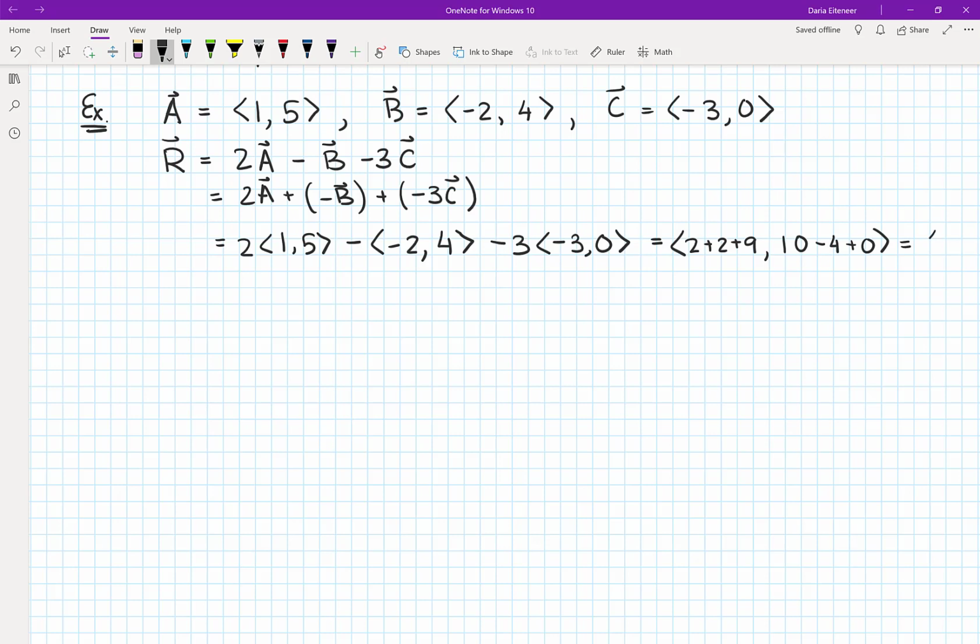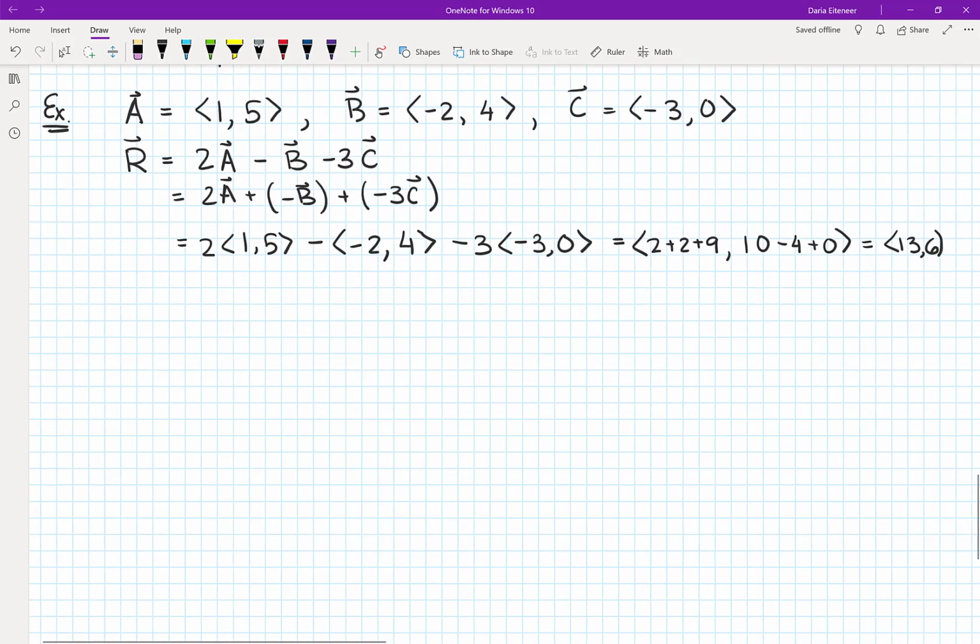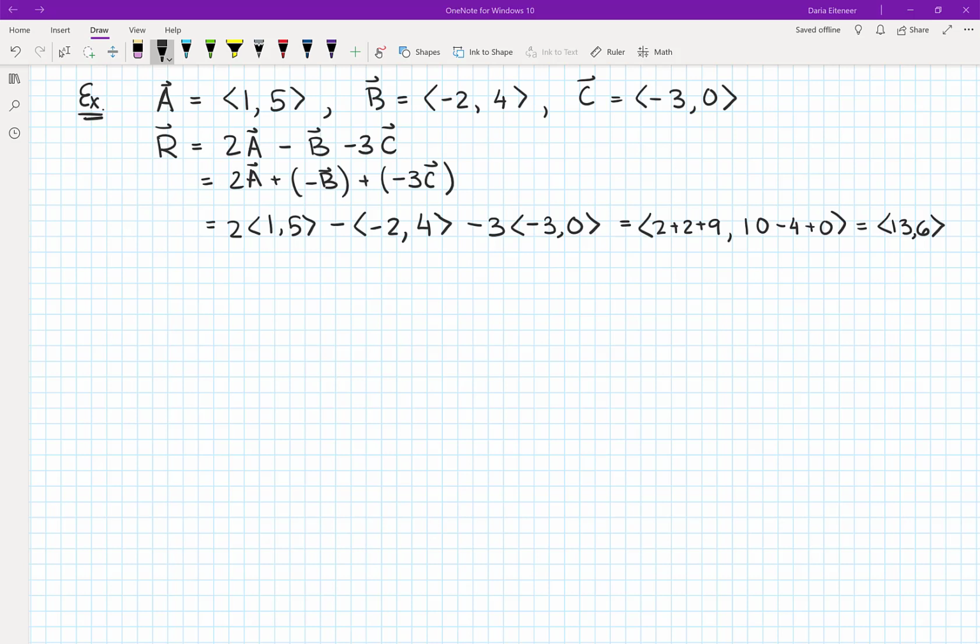But I'm just going to do that to make a point, I guess. Okay, so that's my resultant. So even when I do this algebraically or numerically, graphically, I still expect to get the same result. Okay, so let's see how this works out graphically.